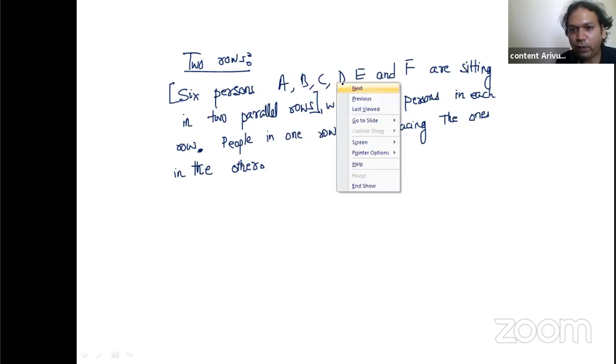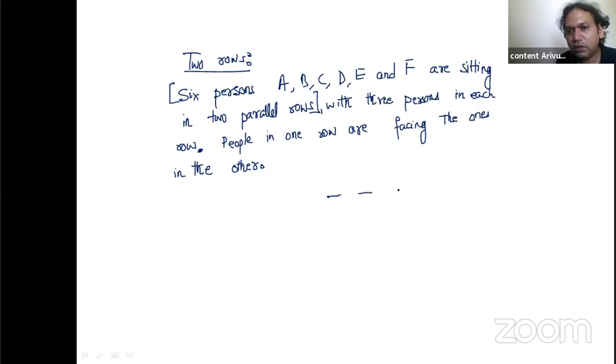So the moment you read the question, immediately you will scan it. The moment you see two rows, this is how it's going to be: 1, 2, 3, 1, 2, 3. These people are facing south. These people are facing north. So for these persons, right is this side and left is this side. And for the ones on the other row, left is this side and right is this side.